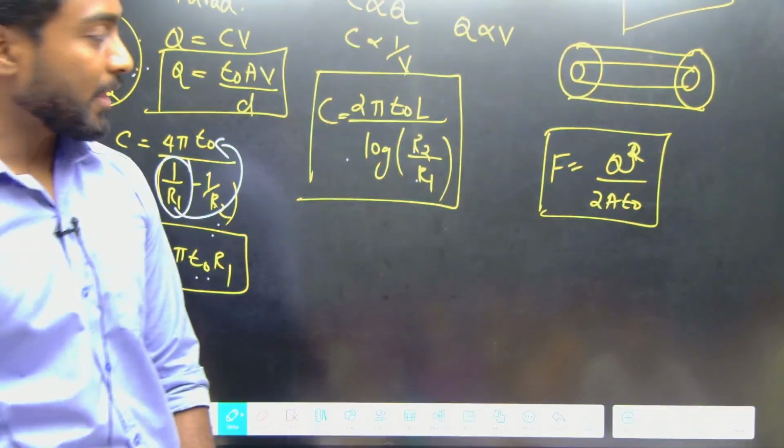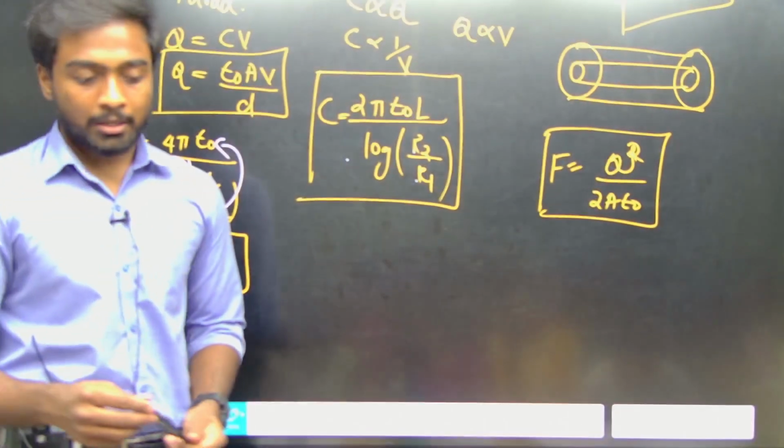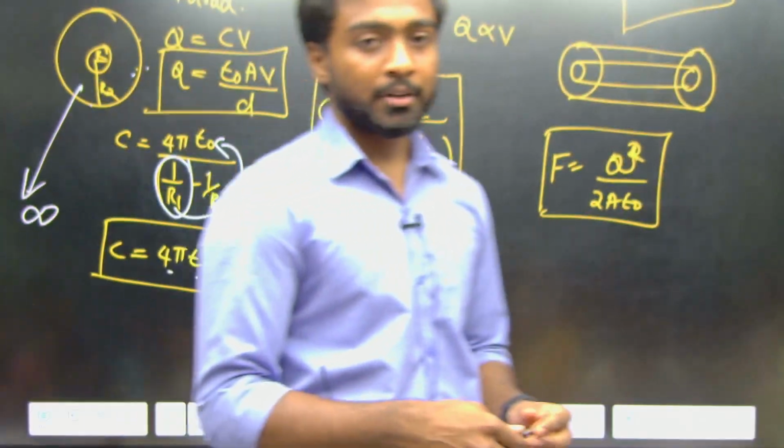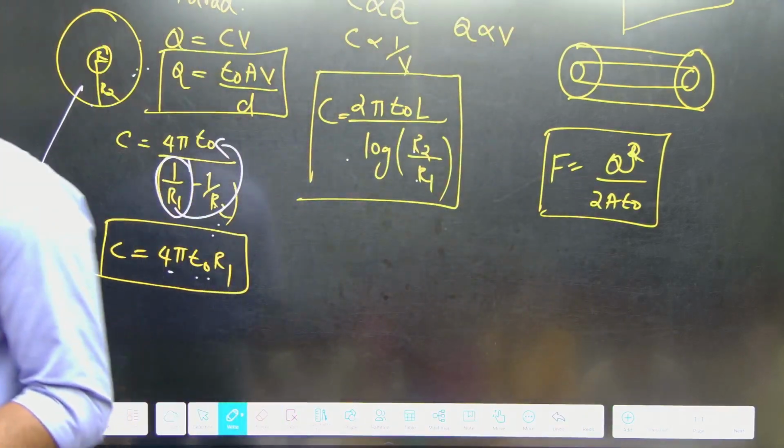Write down the other formula. F is equal to charge into field, that is, charge into electric field.